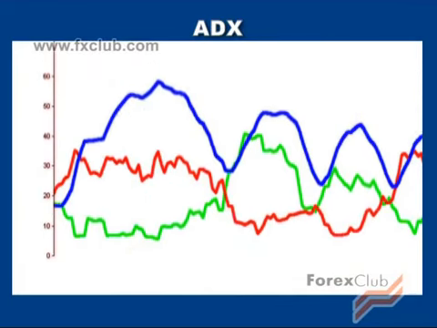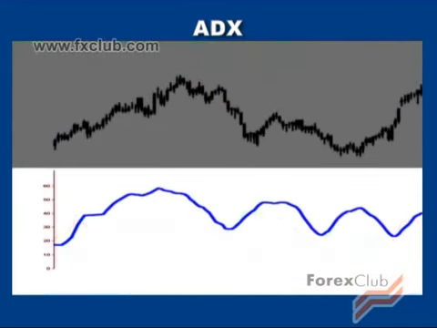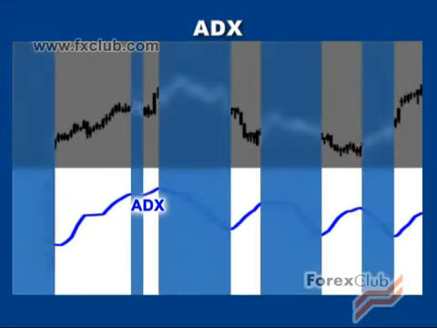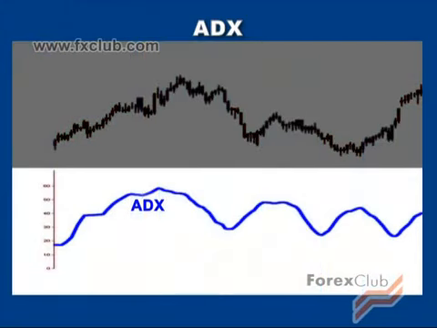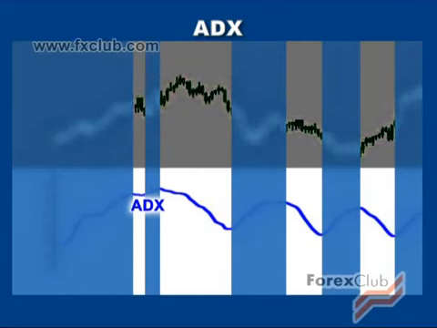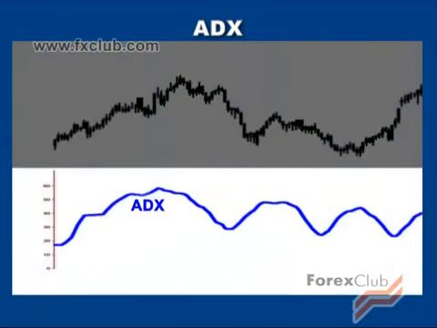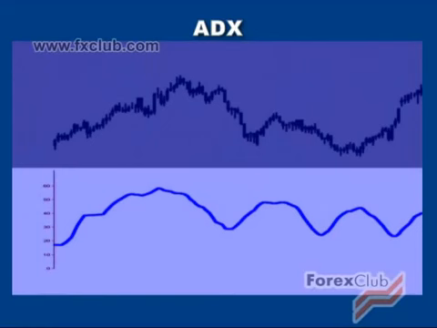The main line is ADX. If it rises, it means that there's a trend on the market, and if it falls, it means that the existing trend has ended, at least for a while. But ADX cannot tell us whether the trend is an uptrend or a downtrend. And that's what the other 2 lines are for.